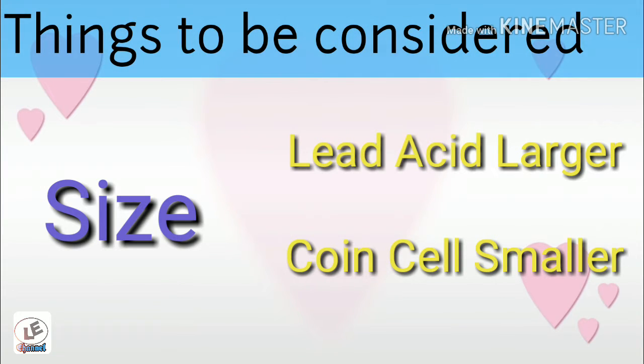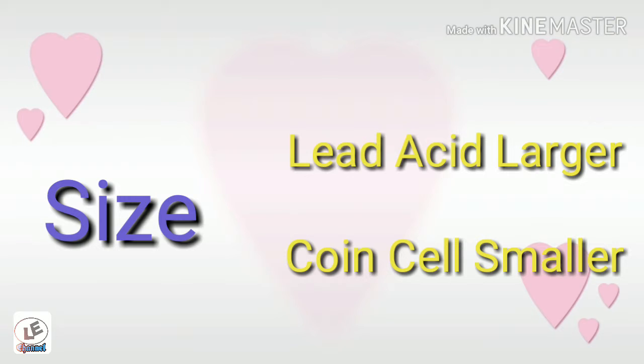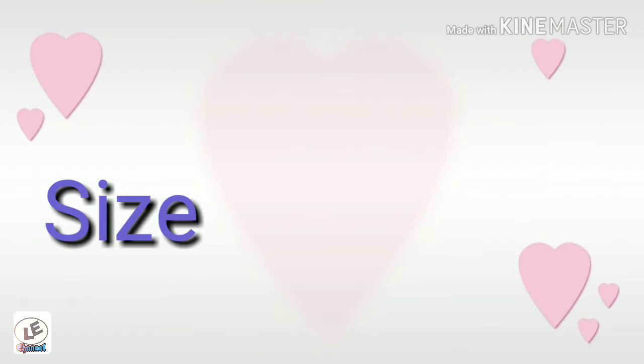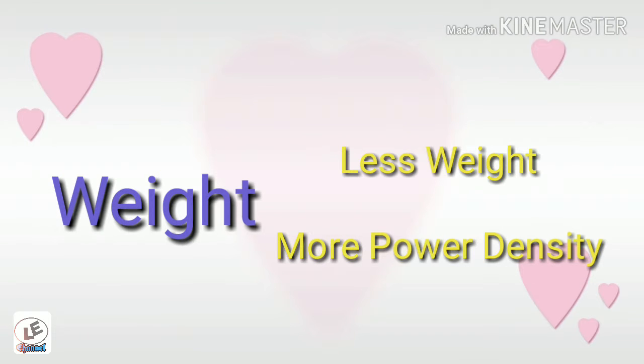While selecting batteries, you need to know these parameters. Lead acid batteries are larger in size, whereas coin cells are smaller. You may not get a lead acid type of battery in a coin cell size. Similarly for weight, if you need less weight, then you need to use higher power density batteries.